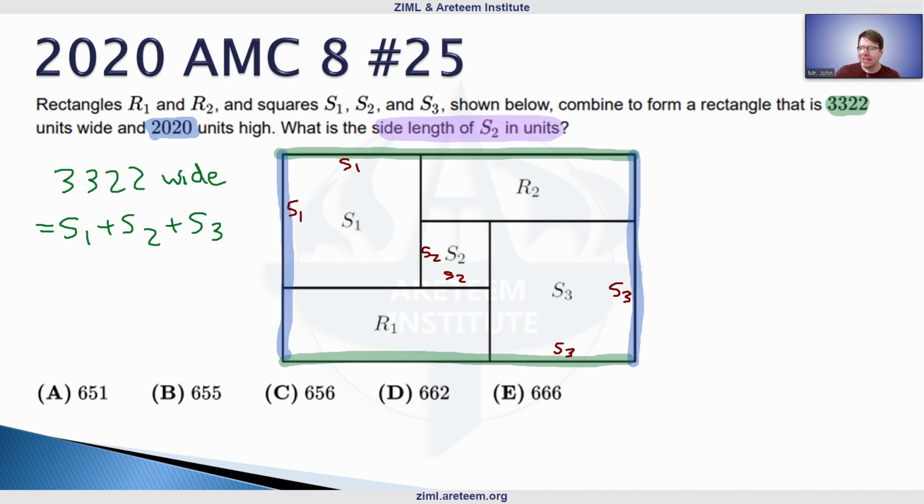Now, what about the height? So if we look here and say we have 2020 as the height in this case, we want to think about this again, or see if we can talk about it in terms of the side lengths, right?